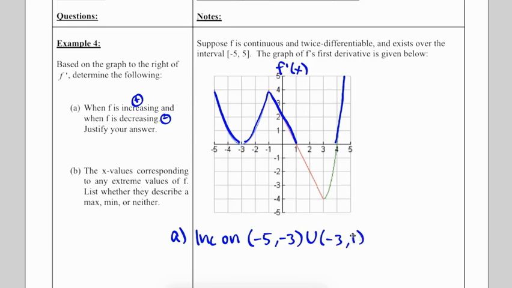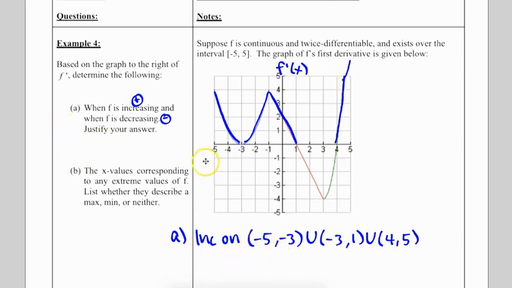So before I go on any further, you'll notice that I skipped it at 3. Well, that's because that's saying that our slope is 0. We're really not increasing there, right? Our slope isn't positive, it's not negative, it's 0. I'm choosing to skip over that. So I have those intervals, and then we're also increasing from 4 to 5. So even though our graph kind of cuts off, I know that it really keeps on going up until we get to 5.